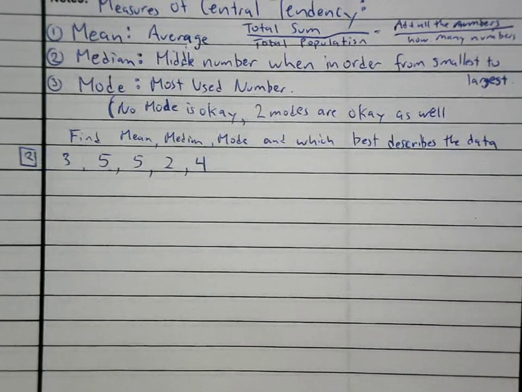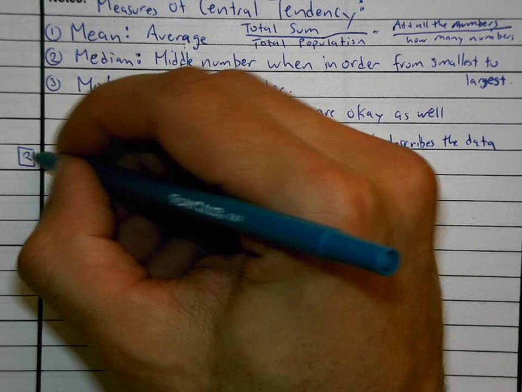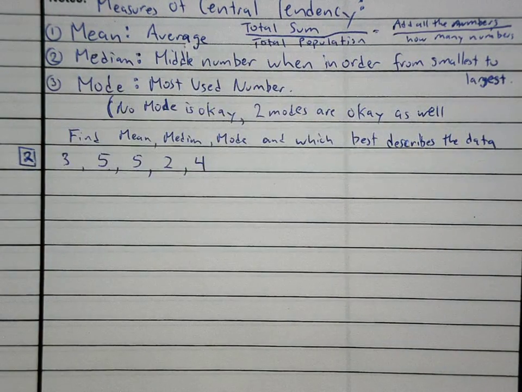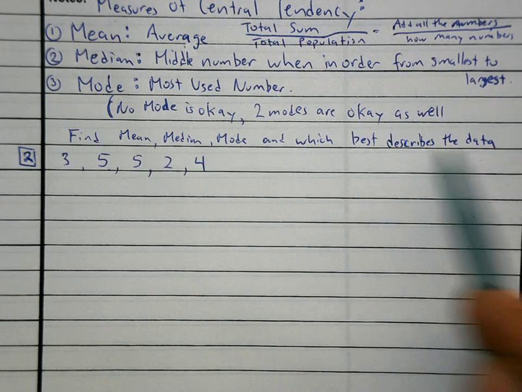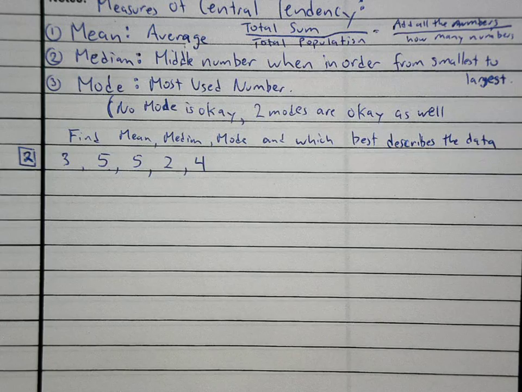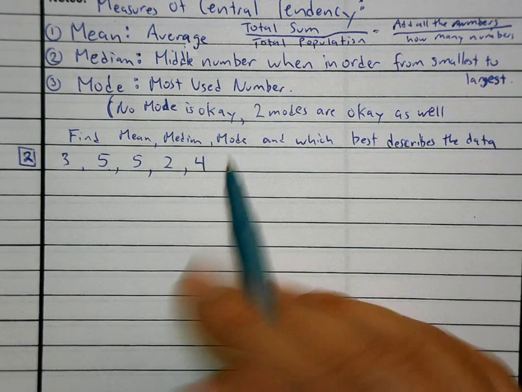Scoot that over just a little bit. There we go. Find the mean, median, mode, and which best describes the data. I have 3, 5, 5, 2, and 4.